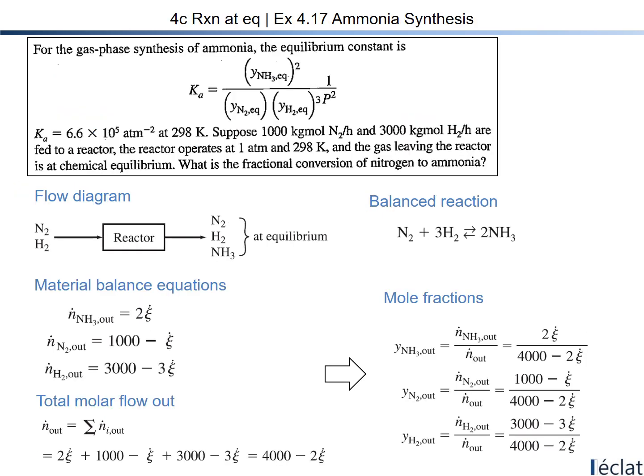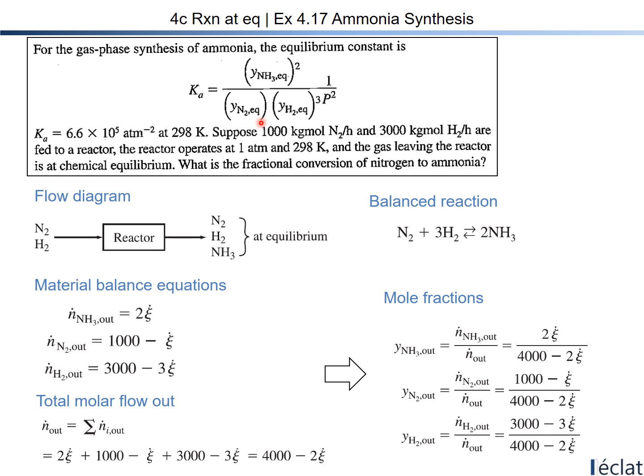So here is a more detailed example, 4.17, reaction at equilibrium. It is the ammonia process, and Ka is defined like that because the balanced reaction equation is N2 plus 3H2 going to 2NH3.